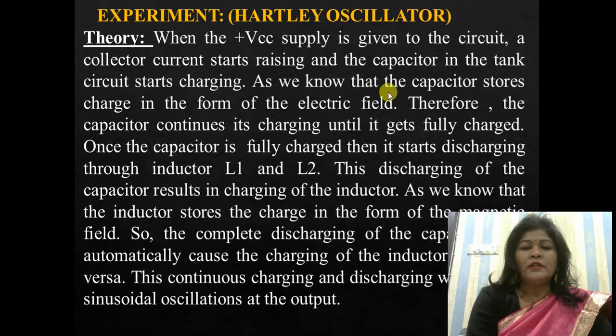As we know, the capacitor stores charge in the form of an electric field, therefore the capacitor continues charging until it gets fully charged. Once the capacitor is fully charged, it starts discharging through inductors L1 and L2.